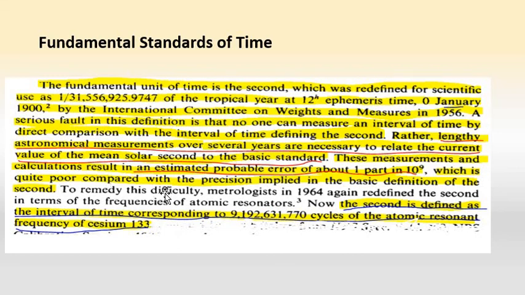Okay, so in order to overcome this difficulty, in 1964 we redefined the second in terms of frequencies of atomic resonators, and presently the second is defined as the interval of time corresponding to these cycles of atomic resonant frequency of cesium-133. So this is the proper definition of standard of time which is followed at present.